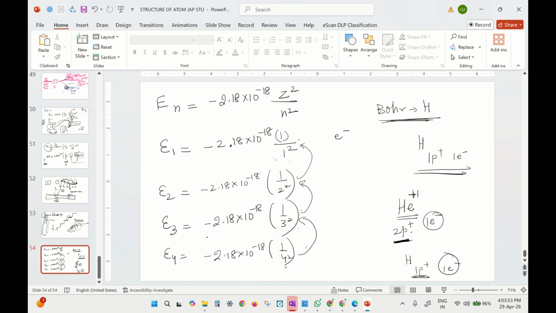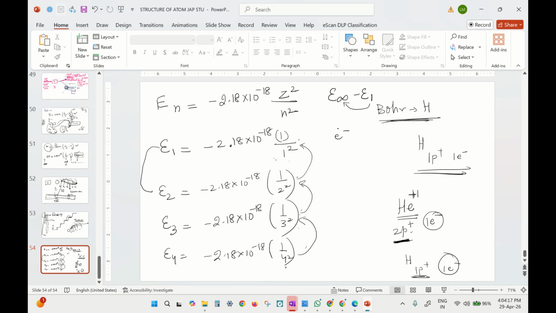Yes, E2 minus E1 is the largest between two consecutive energy levels. But the largest of all, do you know which? E infinity minus E1. You are sending the electron from the first shell to where? To the infinite shell.